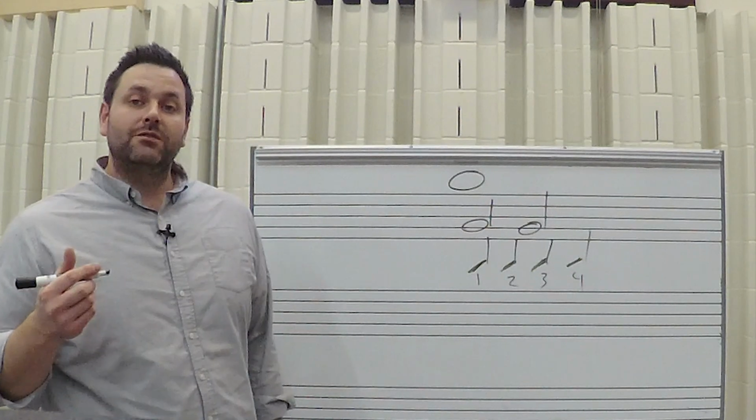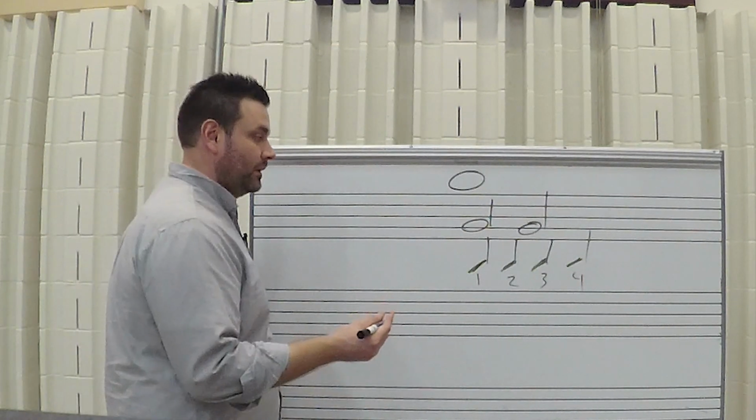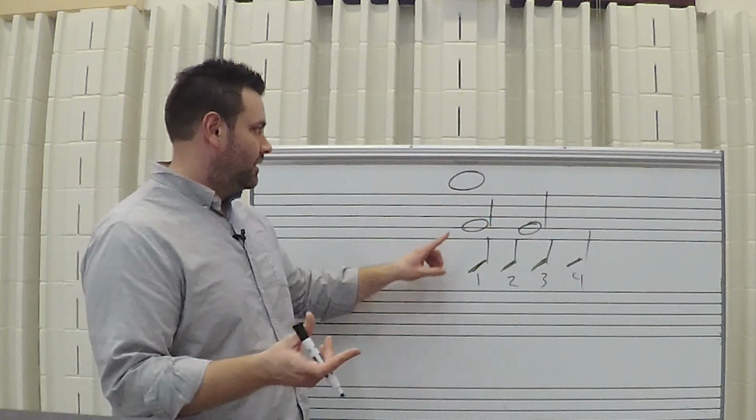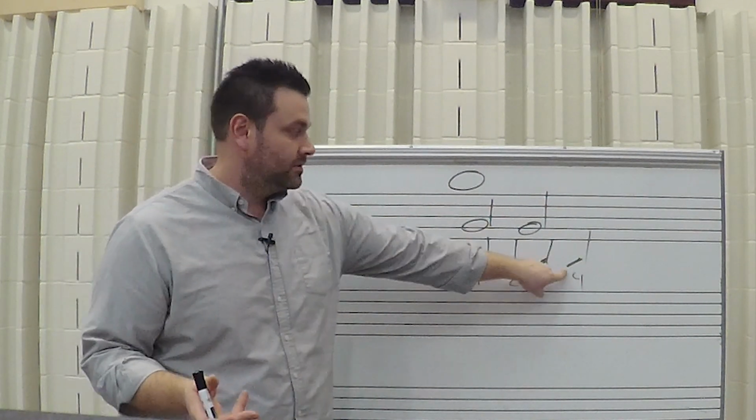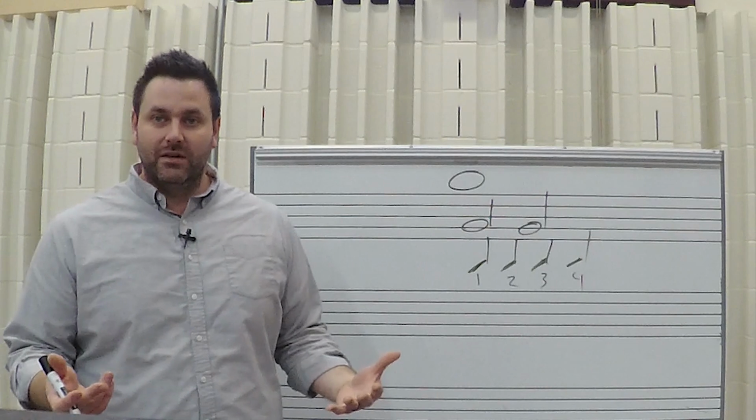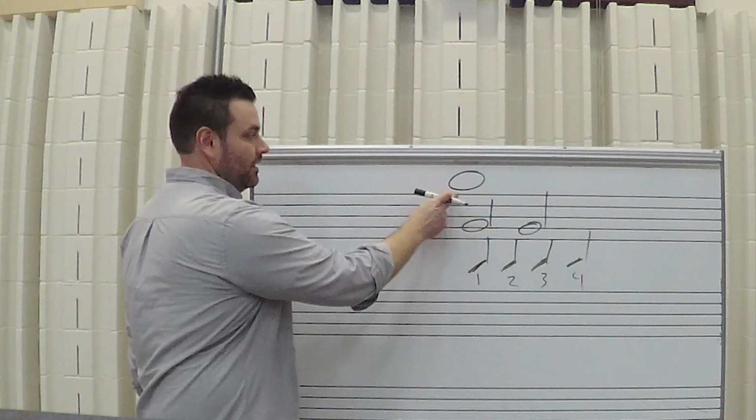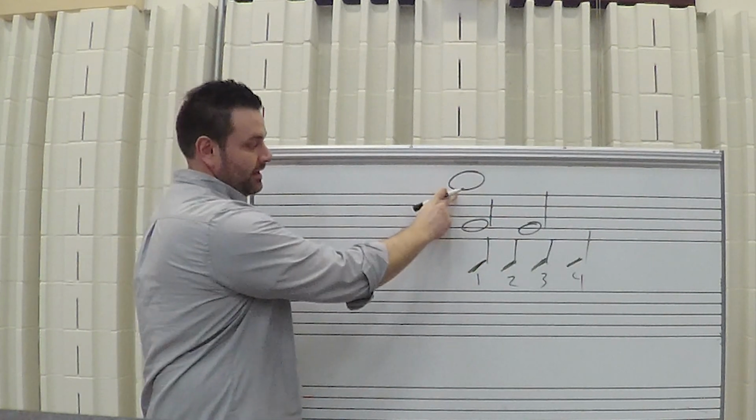Now if we were going to fill up the same amount of space with 8th notes, we would need how many of them? 2 for each quarter note. So that's going to mean 8 total 8th notes to make up those 4 total beats that we have in this whole note.